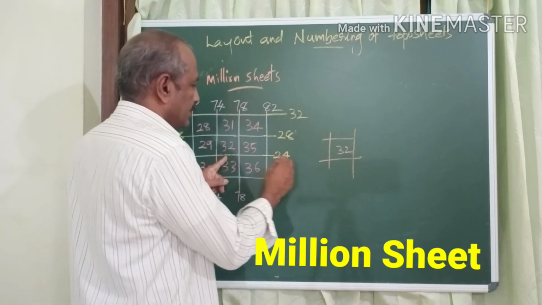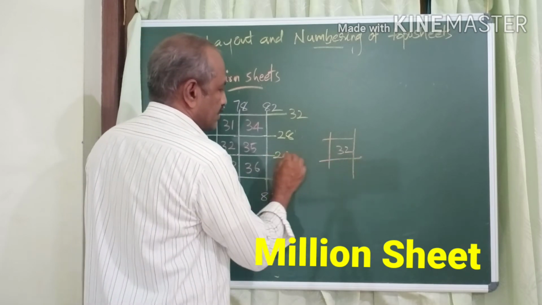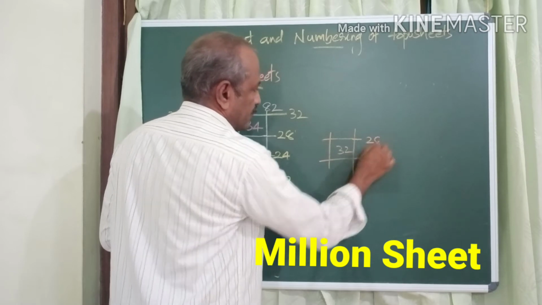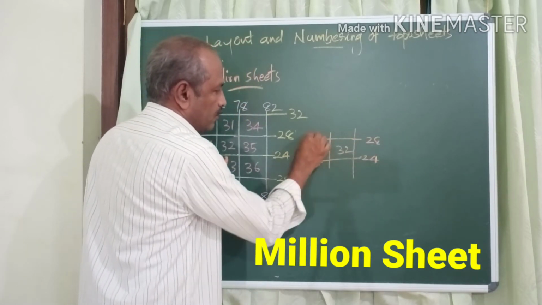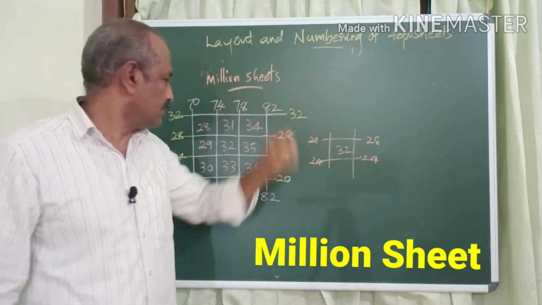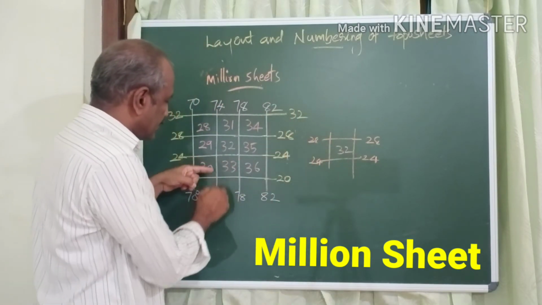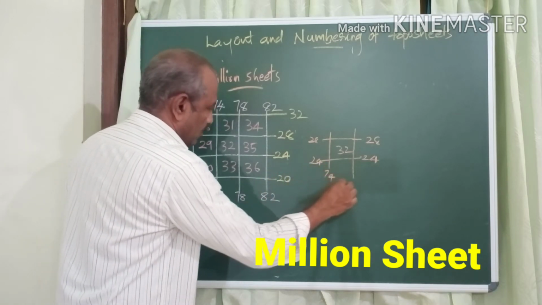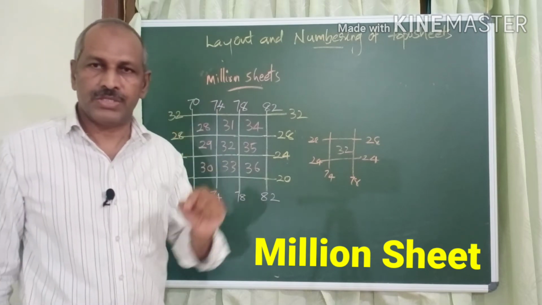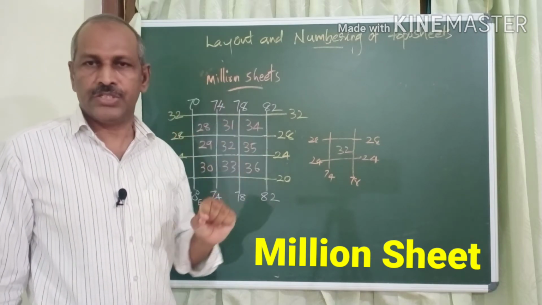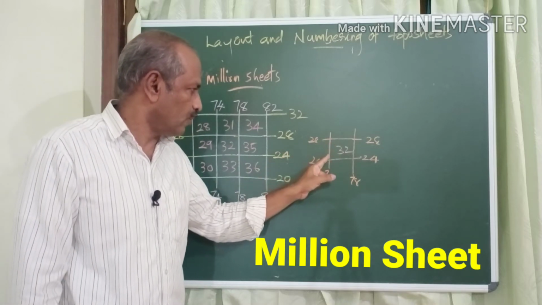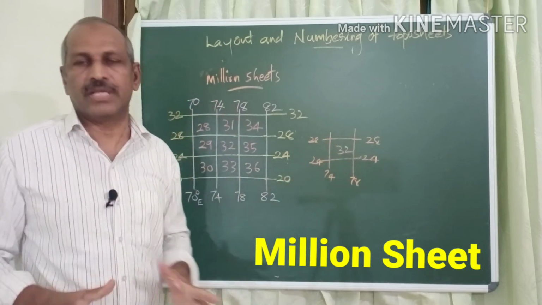Here the latitudinal extension is 24 to 28, that is 4 degrees. Then the longitudinal extension is 74 to 78, so 4 degrees. Remember, each million sheet covers an area of 4 degrees latitudinal and 4 degrees longitudinal extension.